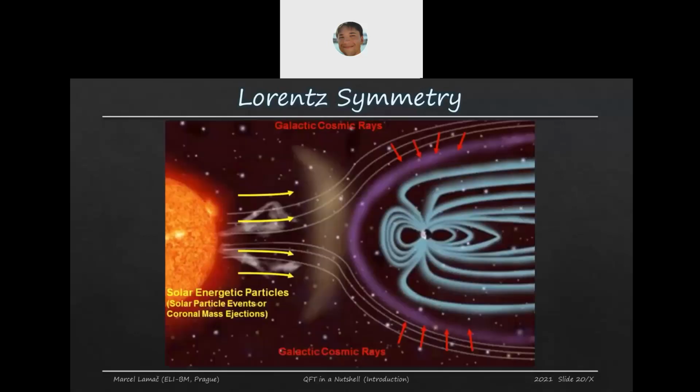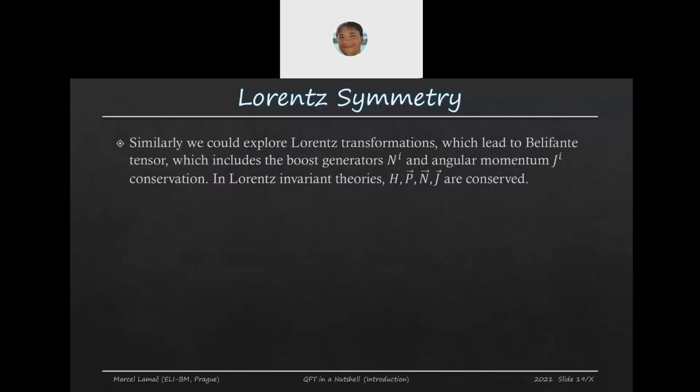And we could generalize in exactly the same manner as we calculated spacetime translations. We could calculate these additional Lorentz transformations, which are the boost and the rotation, and they would lead to what's known as the Belinfante tensor. We got some energy momentum tensor with two indices.